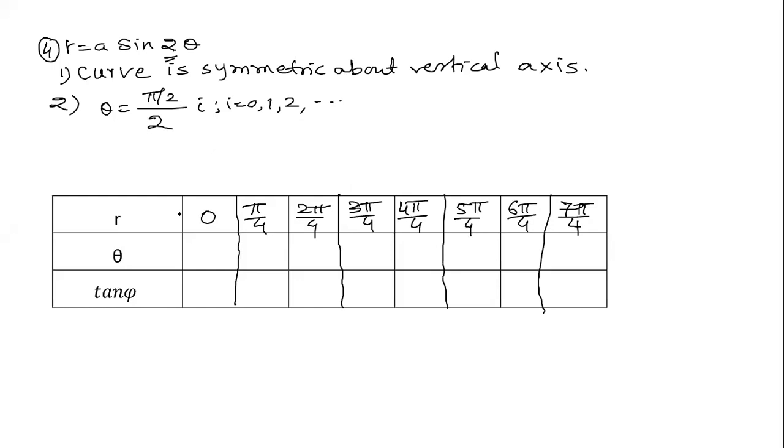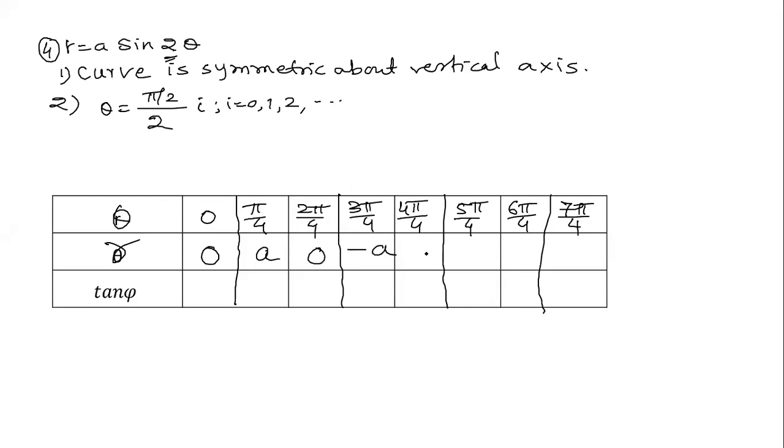And quickly let us write down the corresponding values of r. So theta equal to 0, r is equal to 0. Theta equal to pi by 4, r will be equal to a times sine pi by 2, that is a. Then theta is equal to pi by 2, r is equal to a sine pi, that is 0. Then theta equal to 3 pi by 4, it will be minus a.